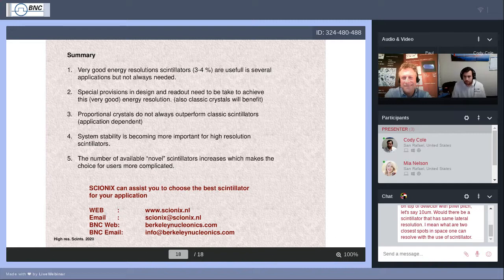Great. And then Alexei just sent in another message with more context on that lateral resolution question. If you can read it, they have an ion beam that can focus up to 10 nanometers in size. They want to shine it on the scintillator that is placed on top of the detector with pixel pitch, let's say 10 micrometers. Would there be a scintillator that has the same or a similar lateral resolution?